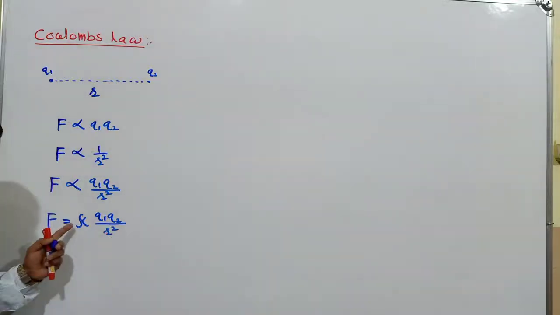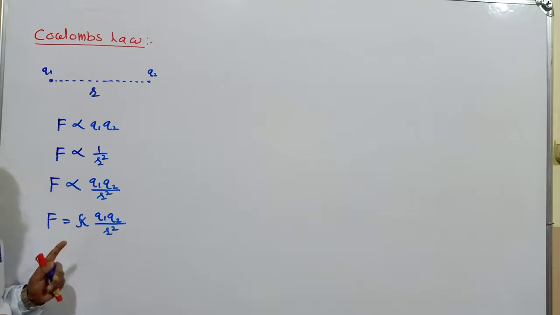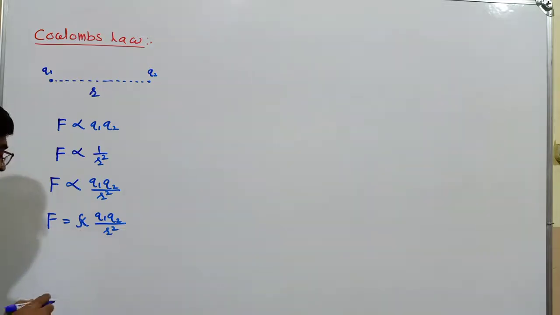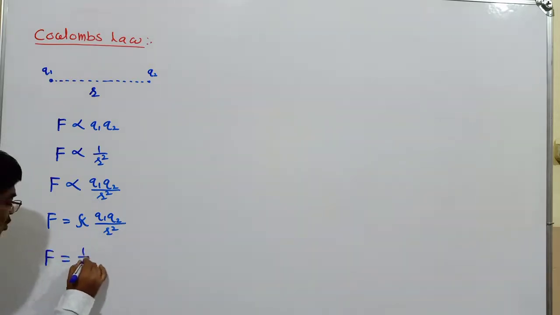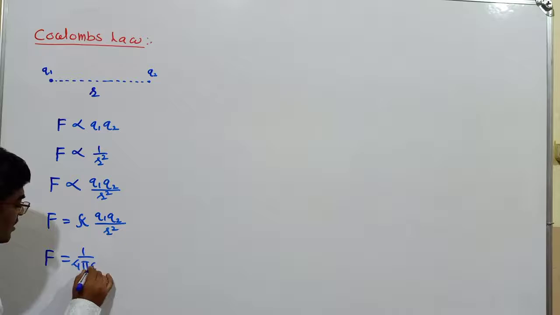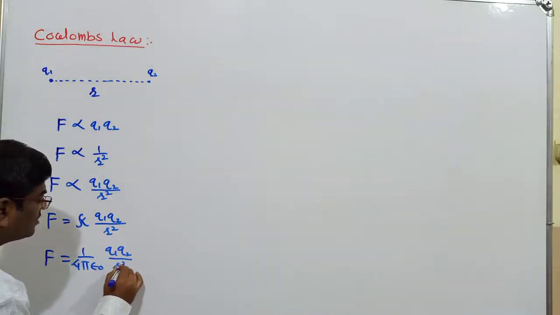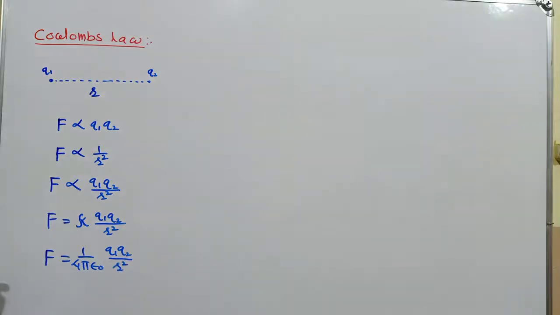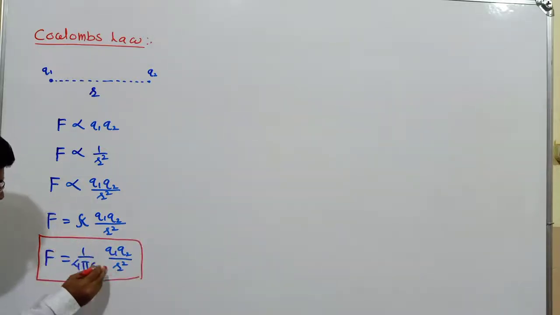If you remember, I had mentioned the experimentally calculated value of this constant, and we had written 1 upon 4 pi epsilon 0 as the value of the constant, which you can refer to as the electrostatic constant or Coulomb constant. This is the value of the Coulomb constant that I am writing.